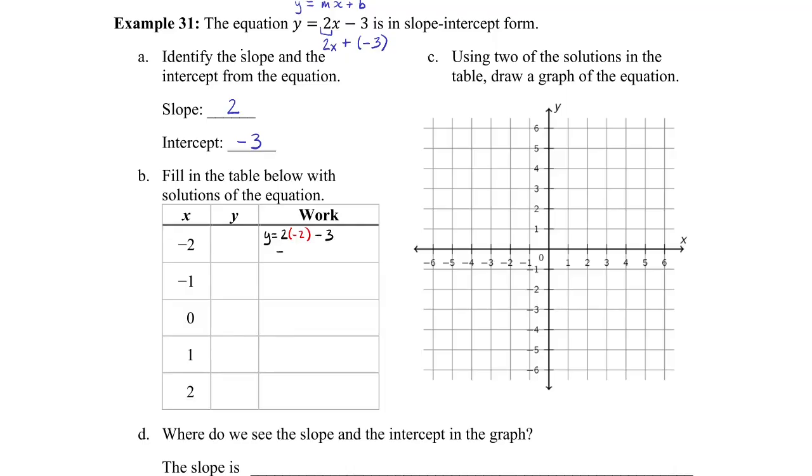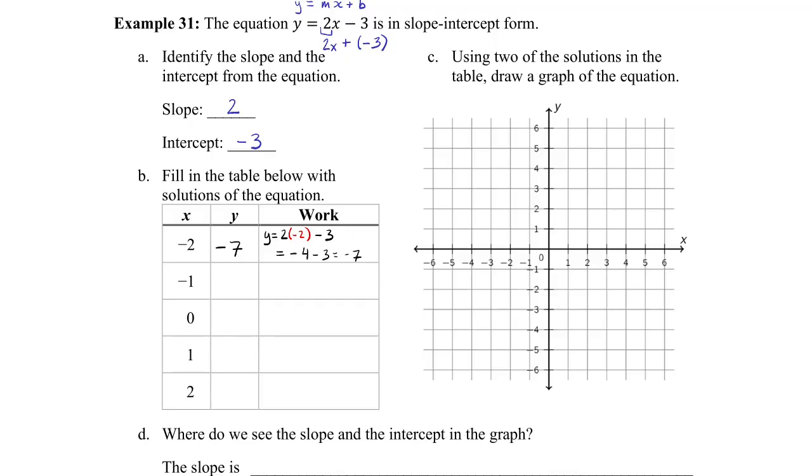And we can throw this whole calculation into the calculator if we like, or work step by step. Negative 4 minus 3 is negative 7. When x is negative 2, y is negative 7. In other words, the pair negative 2, negative 7 is a solution to this equation.